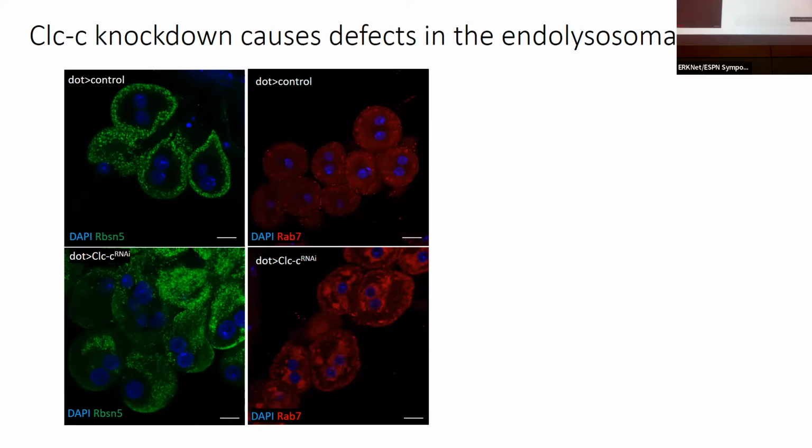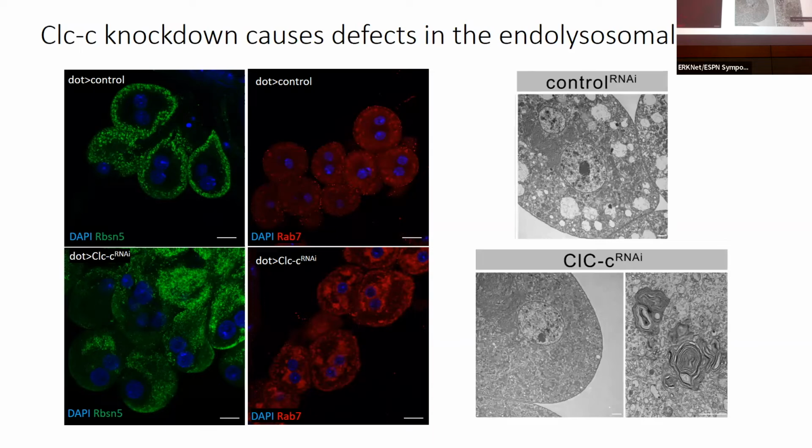And if we look at electron microscopy, you can see that in the CLCc knockdown, there's really a lack of the endocytic pathway. You usually have these large early endosomes, and these are missing. But we also see these accumulations of lipid-rich materials, and I'm not showing you this now, but we could see that these Rab7 clusters here are full of cholesterol.